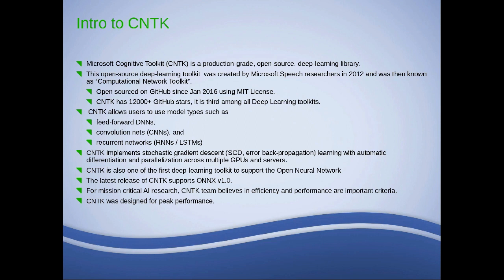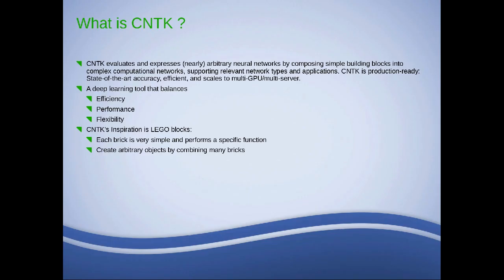For mission-critical AI research, the CNTK team believes efficiency and performance are important criteria. CNTK was designed for peak performance for not only CPUs, but also single GPU, multi-GPU, and multi-machine, multi-GPU scenarios. So now let me elaborate what is CNTK in general terms.